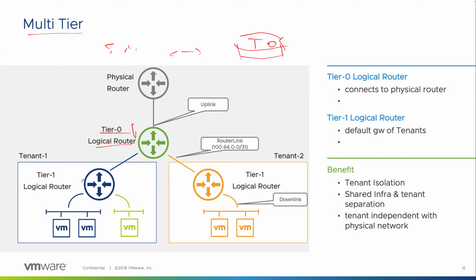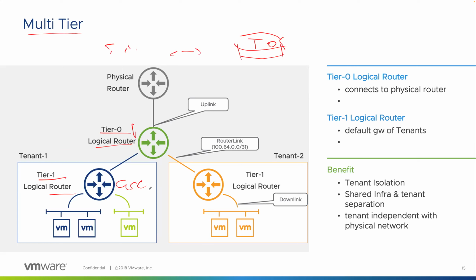And we also have another layer, which is called the tier 1 logical router. You can call it an access router when you compare to the physical world. So we have two tiers. One tier is T0. One tier is tier 1.